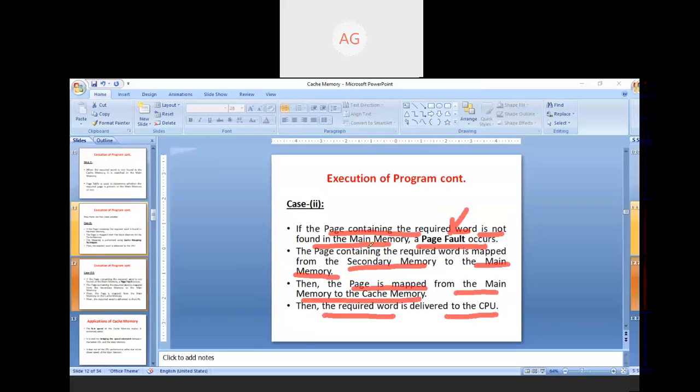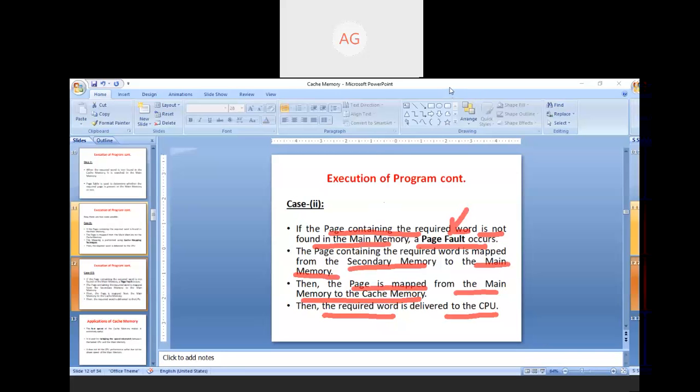So these are the steps for execution of the program. We first search at level 0, then we search at level 1, then at level 2, and so on, in order to execute that word in the CPU, and in order to execute that program. So all of you understand this concept?